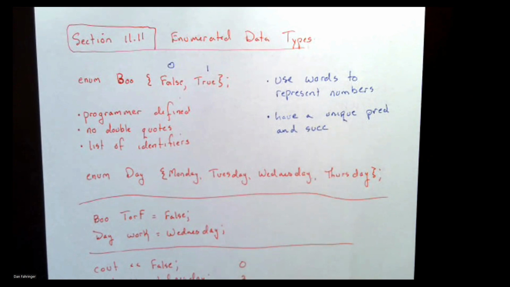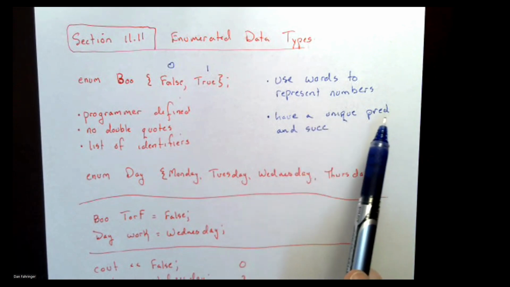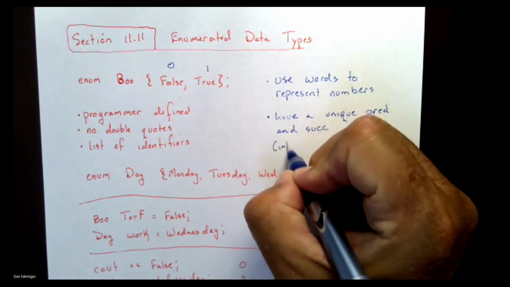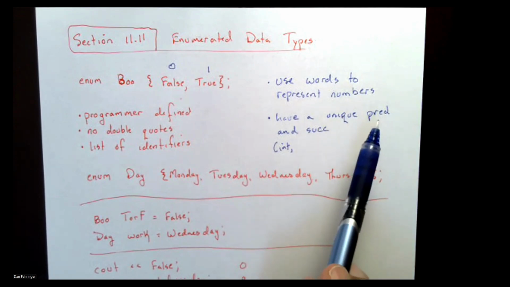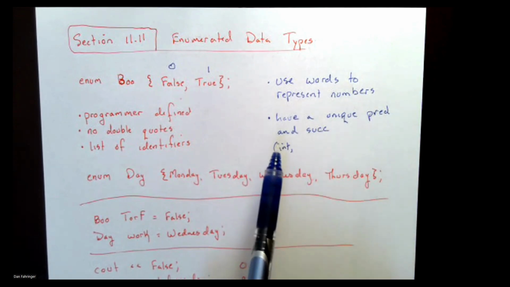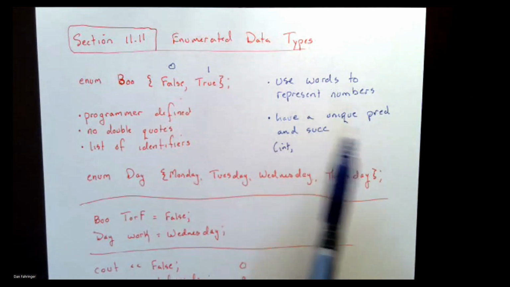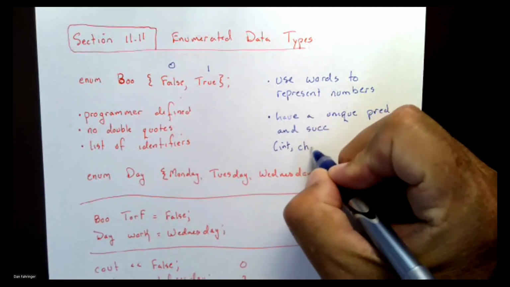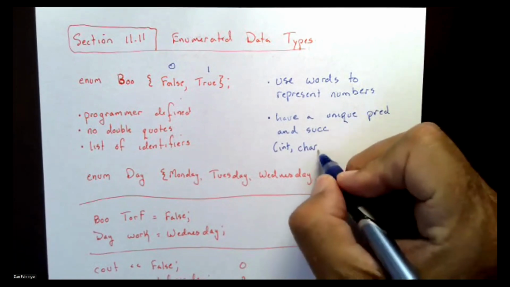No, not going to happen. It had to be something that has a predecessor and a successor. Other examples are int. If I said the number 4, what comes before 4 in the integer world? 3. What comes after 4? 5. Right, you get the idea. Char. We know what comes before and after a char.